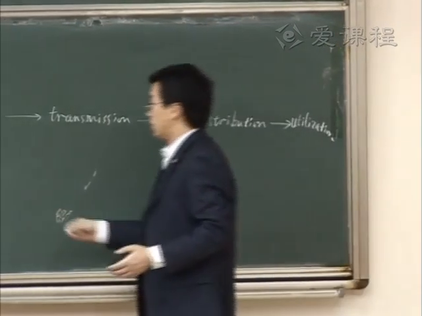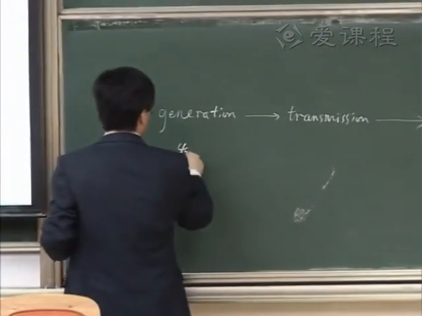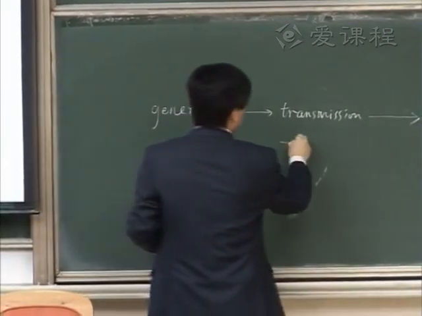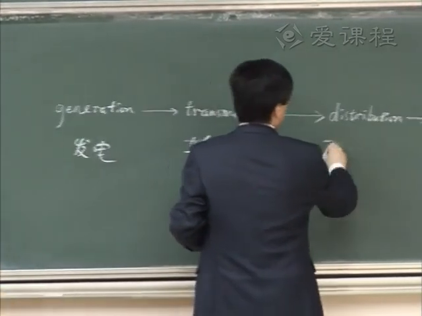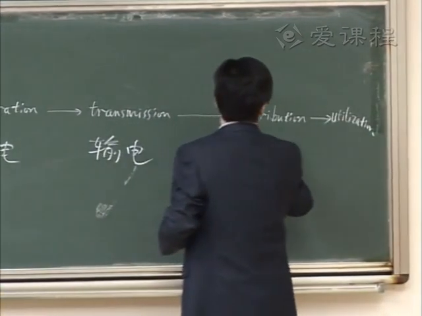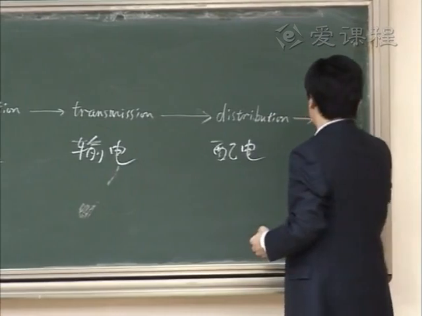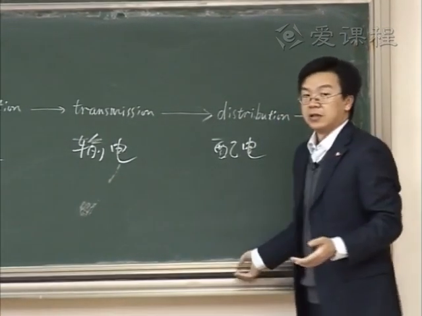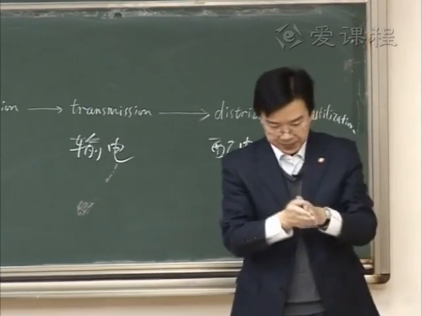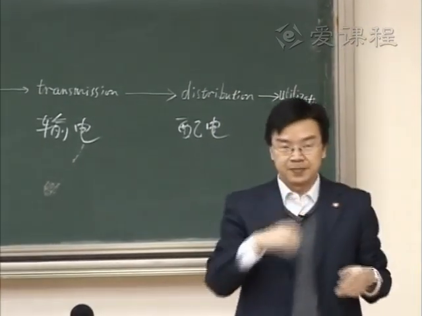So from generation, transmission, distribution, to utilization, these are the four stages of the power systems.